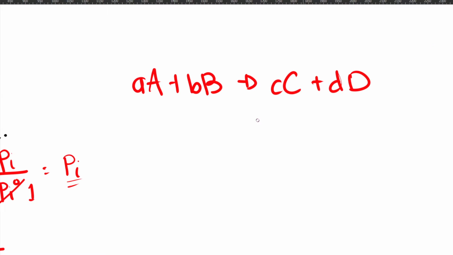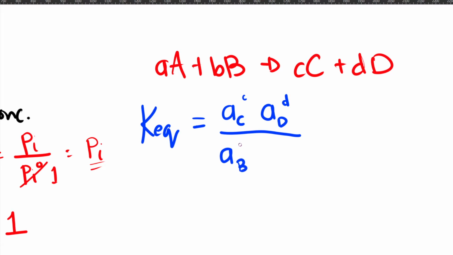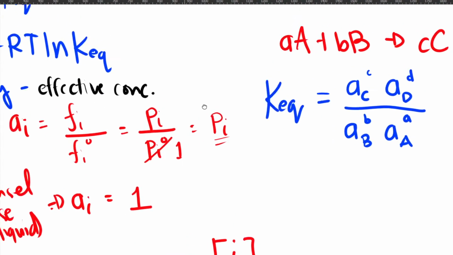Yung ating equilibrium, KEQ, this will then be equal to yung activity ng products natin, activity of C raised to small c, activity of D raised to small d, over activity of our reactants, A raised to a, B raised to b.